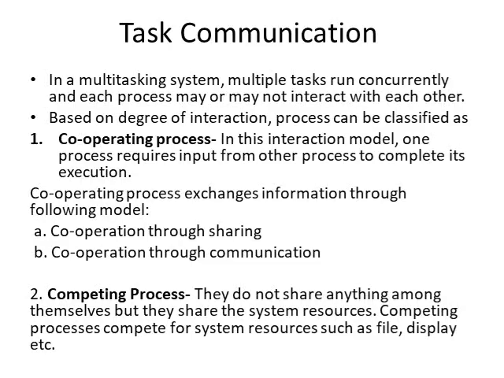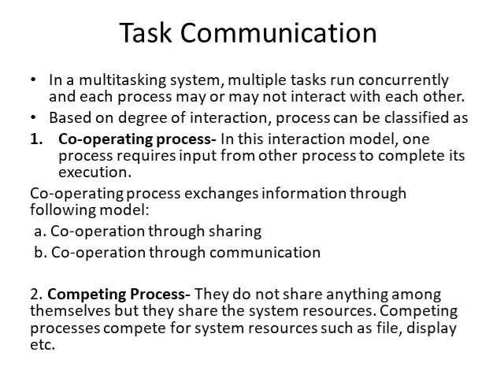Okay, what about the second type of process? The second type is known as the competing process. Here these processes are not going to share anything other than the system resources.